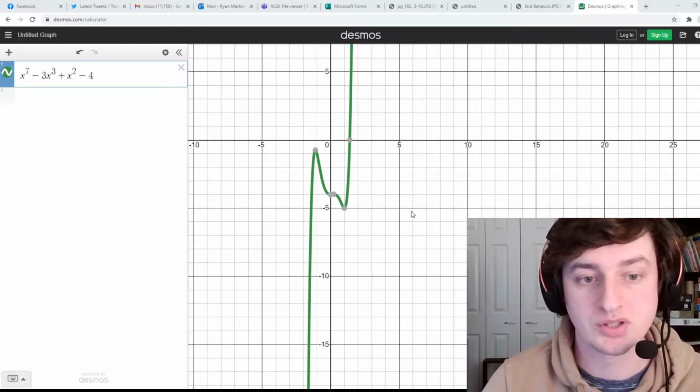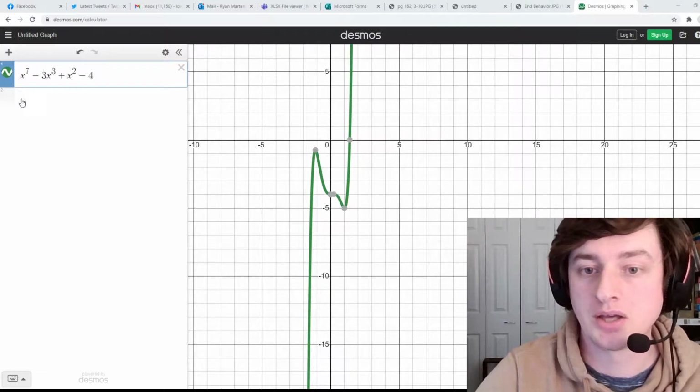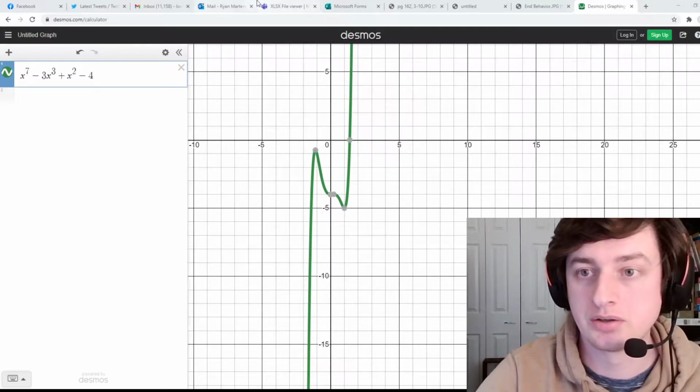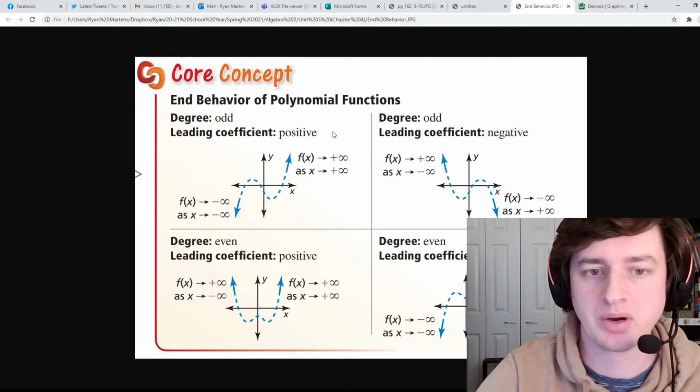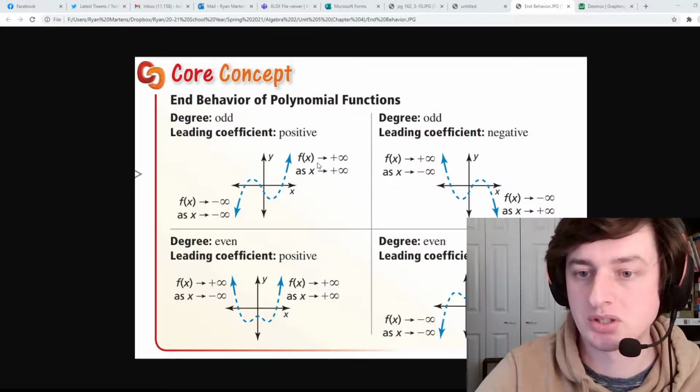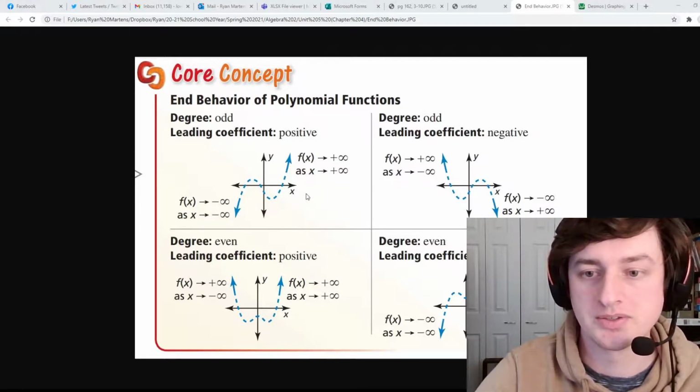Okay, so this on our chart has a positive leading coefficient and an odd degree. A positive leading coefficient and odd degree means it goes up to the right and down to the left, which is what this notation says here, and we'll talk about that more in a second.